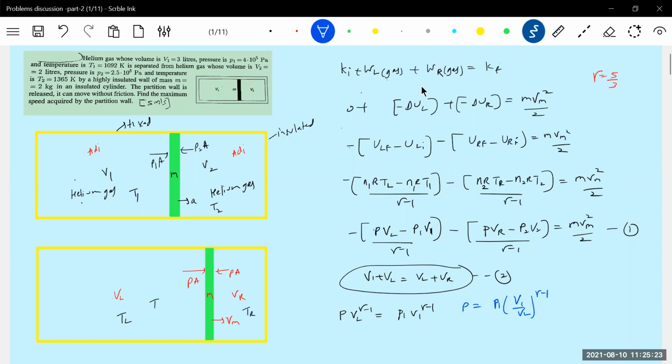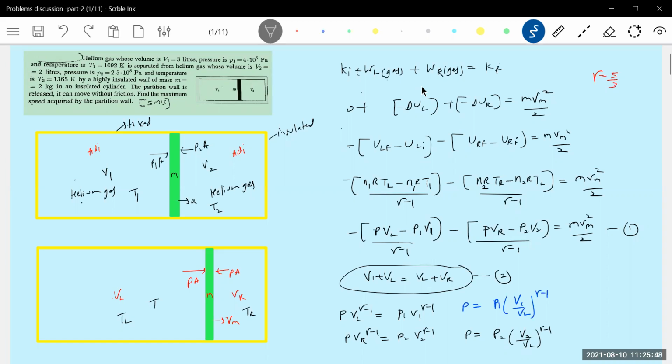Similarly, for the other part of the gas, P VR to the gamma is equal to P2 V2 to the gamma. Replace P1 in terms of P, and these are the next set of equations.